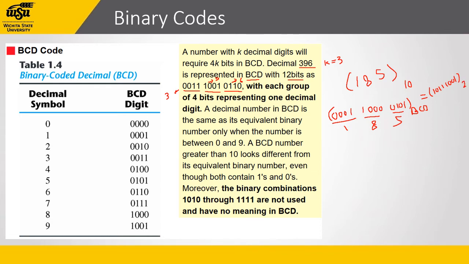From this example, we see that the BCD code requires 12 bits to represent this decimal number, but the binary version requires only 8 bits. It should be known that the representation of a BCD number needs more bits than the equivalent binary value. But there is an advantage in the use of decimal numbers because computer input and output data are generated by people who use the decimal system.